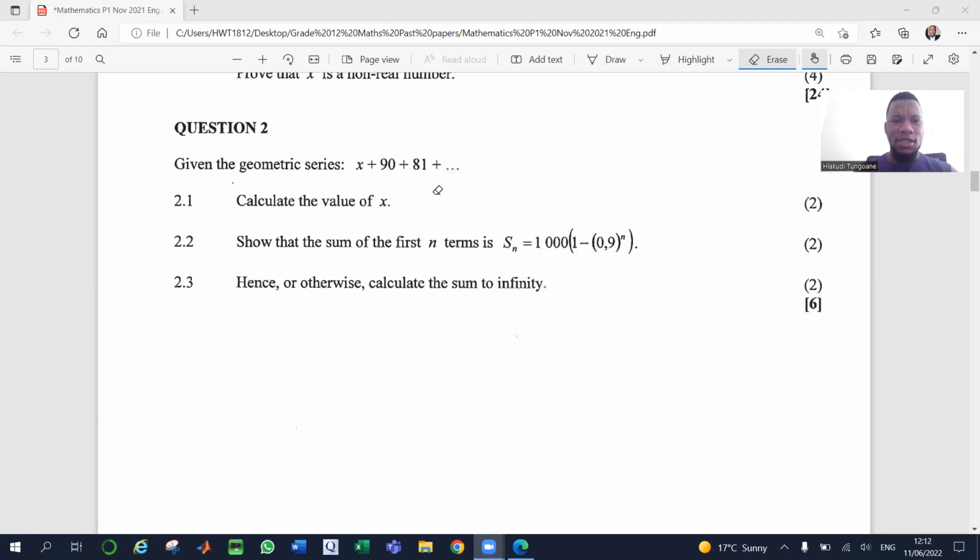The first question asks, determine the value of x. So x is the first term in that sequence, right? For us to derive the value of x, we need to use the characteristics of a geometric series. If you are thinking constant ratio between consecutive terms, you're definitely on the right track.